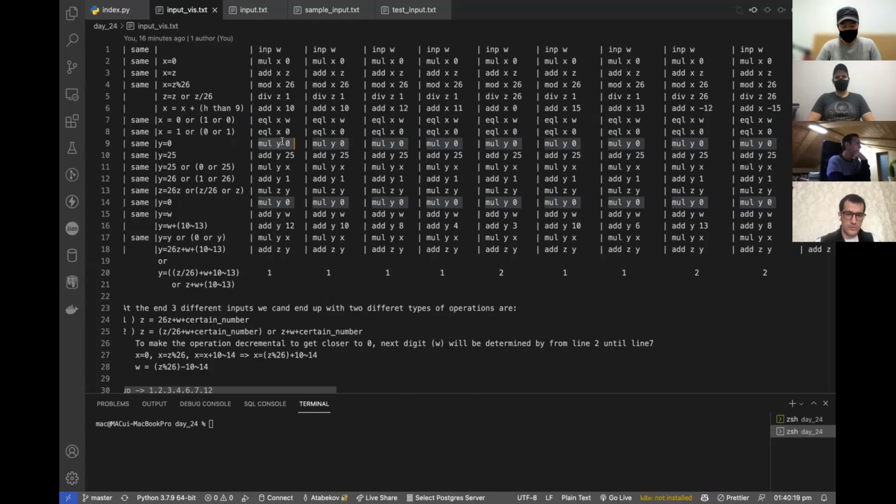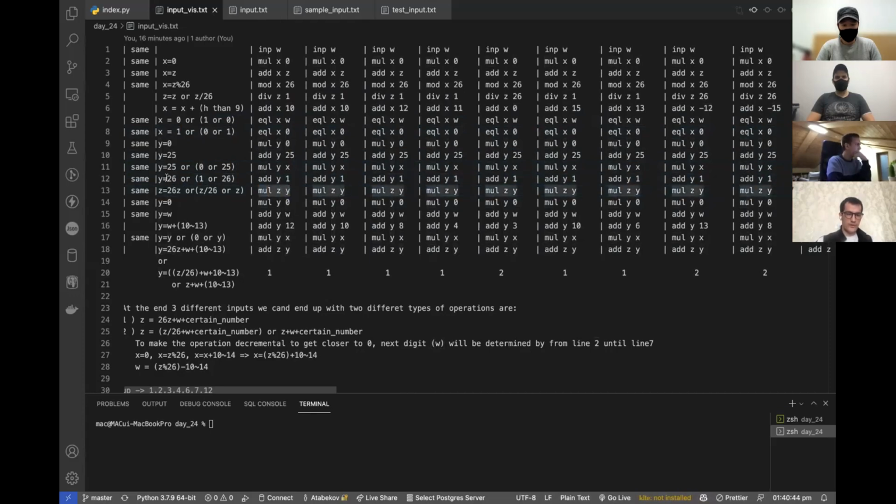We set it to 0, add 25 in all of them, which will make it 25, and multiply y by x in all of them. So our x was relatively 1 or 0, so it will be 25 or 0. Adding 1 to it will set our y to 26, or 1.